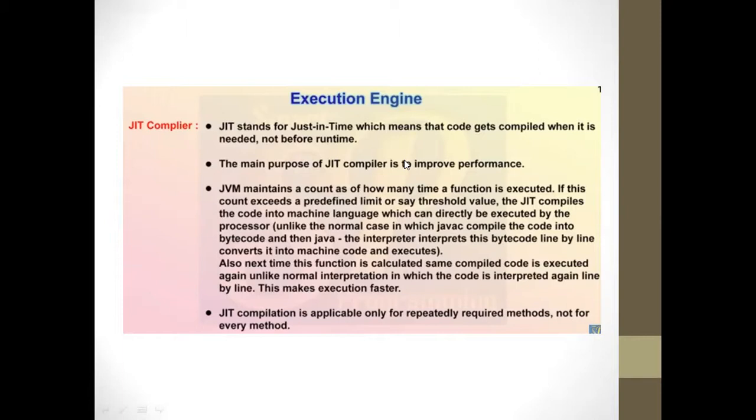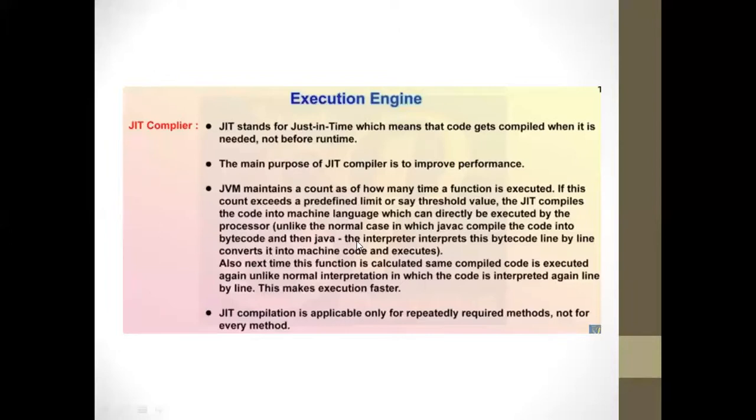The JVM maintains a count of how many times a function is executed. If that count exceeds a predefined limit, the JIT compiler will compile the code into machine language, which can be directly executed by the processor.